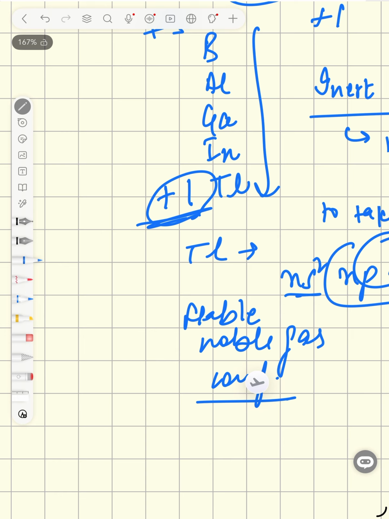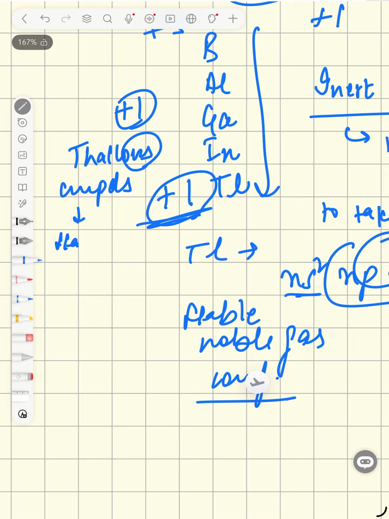Thus, thallous compounds, which show +1 oxidation state, are seen to be more stable as compared to thallic compounds. Thallic is +3 oxidation state.